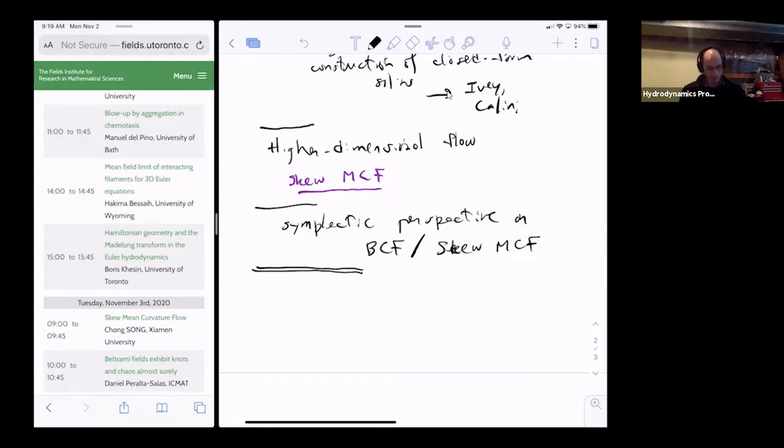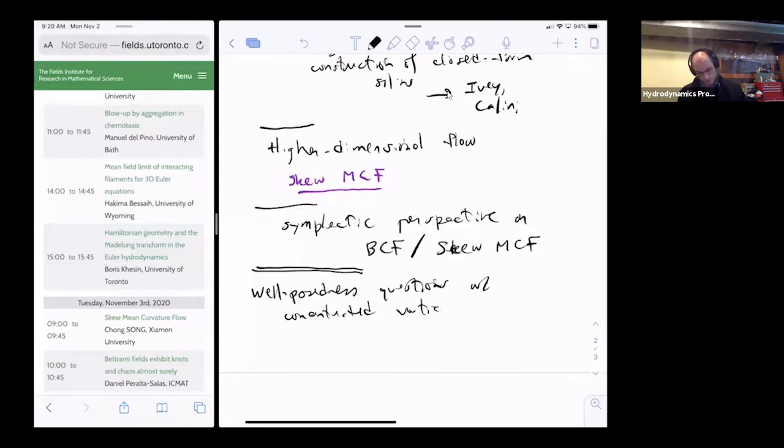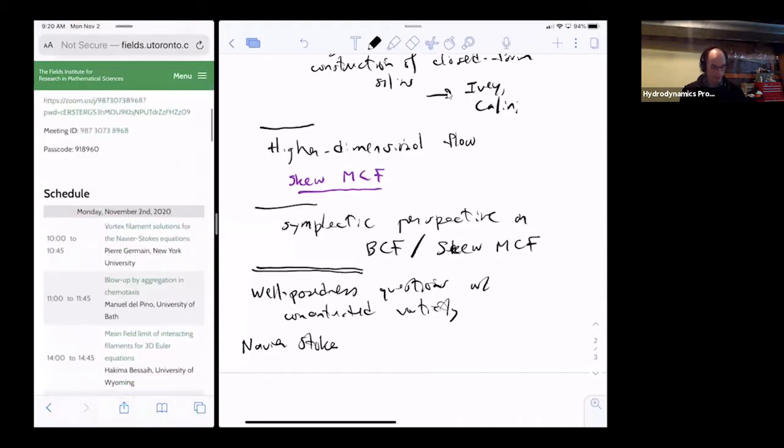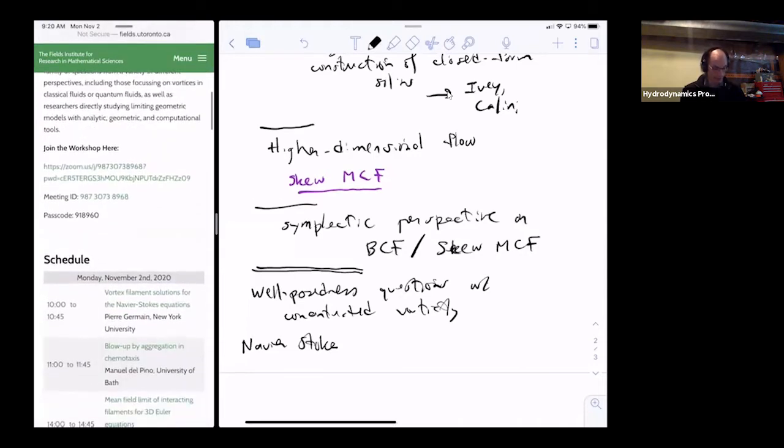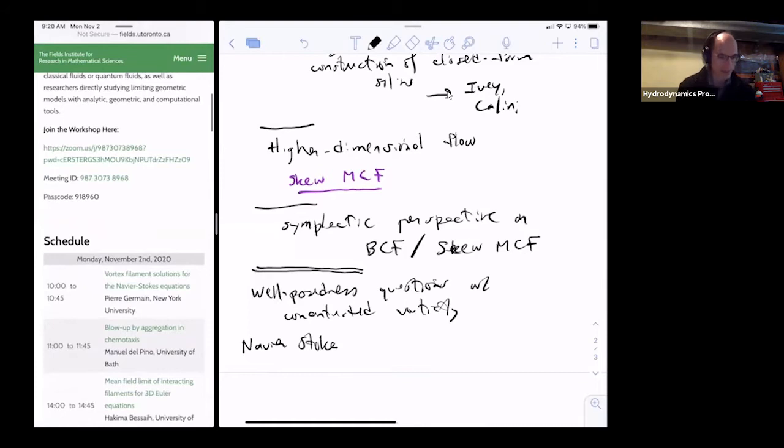And so there are some well-posedness questions with concentrated vorticity for Navier-Stokes. And that'll be the very first talk, Pierre Germain, at 10 o'clock today. And then there's one by Thierry Gallay.